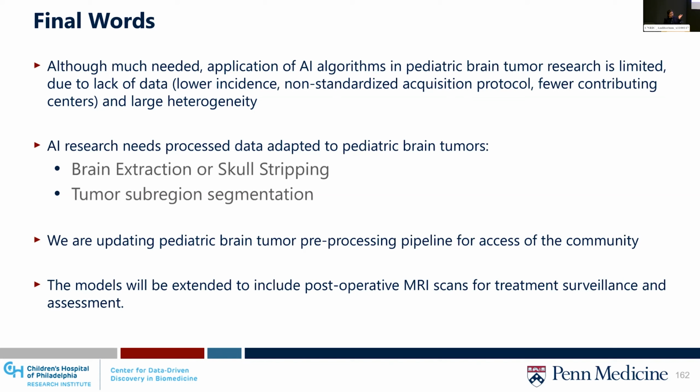As I showed, AI research needs processed data which is adapted to pediatric brain tumors. And here I showed two examples of the key steps in image processing for pediatric cases, which are brain tumor subregion segmentation and skull stripping.